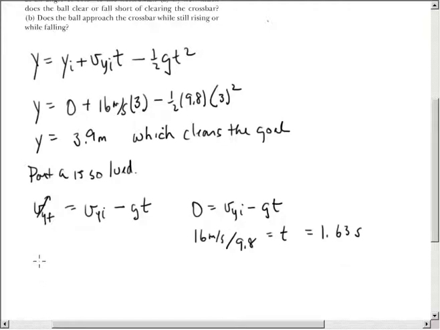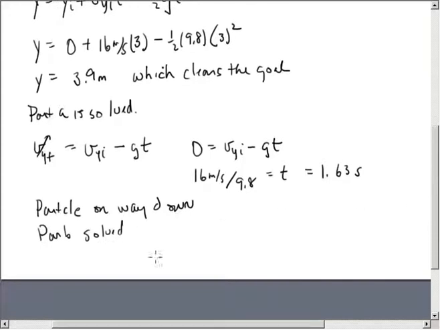So the particle is on the way down, and that now says part B is solved. End of problem.